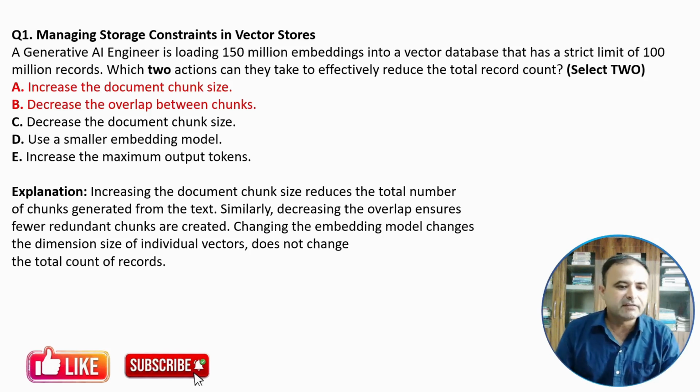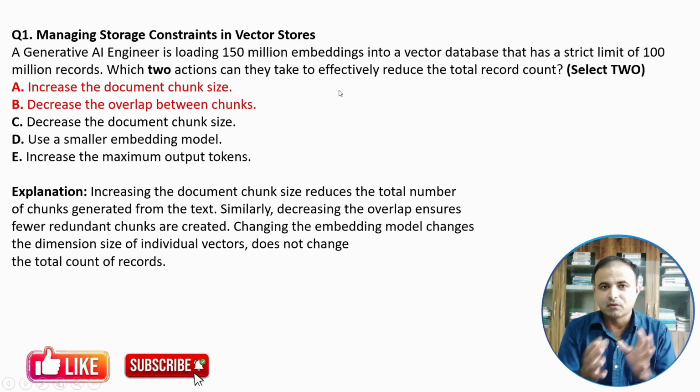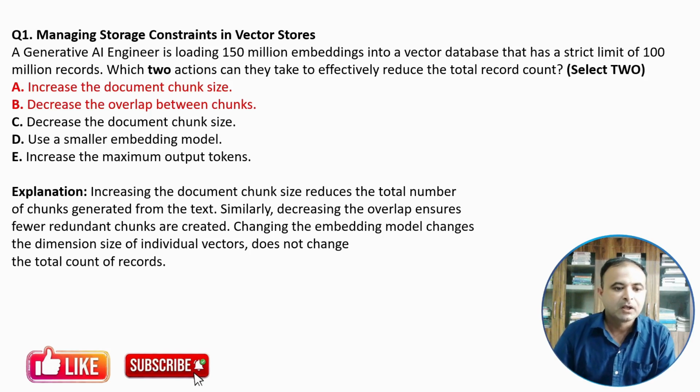A generative AI engineer is loading 150 million embeddings into a vector database that has a strict limit of 100 million records. We just want to load the 150 million embeddings. Which two actions can you take to effectively reduce the total record count? You have to select two answers.